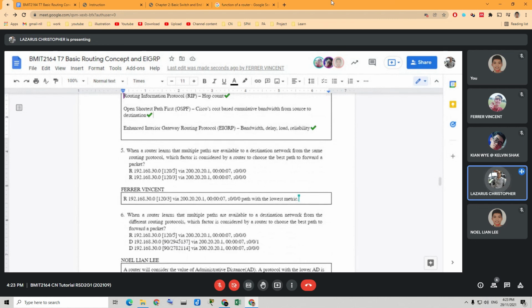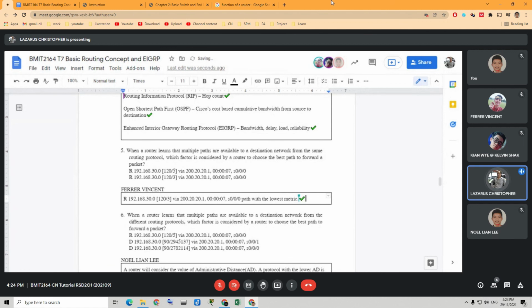Number 5: when a router learns that multiple paths are available to a destination network from the same routing protocol, which factor is considered by a router to choose the best path to forward a packet? The path with the lowest metric, correct?